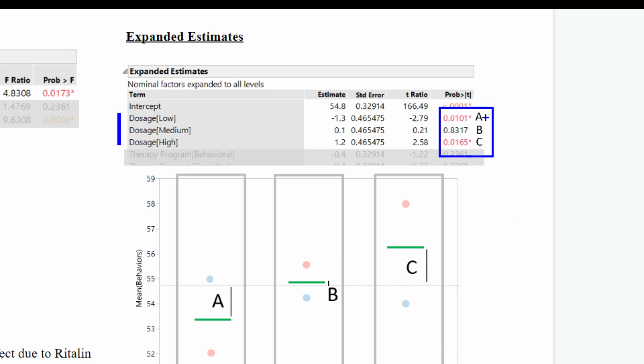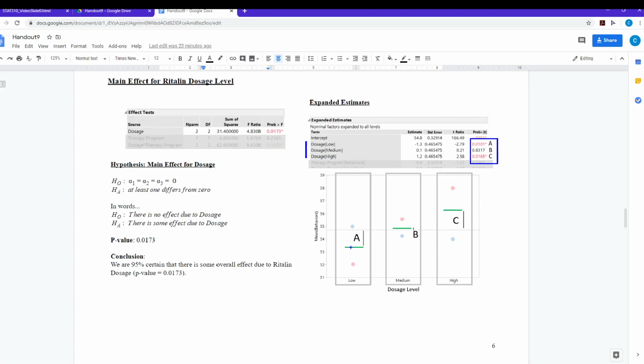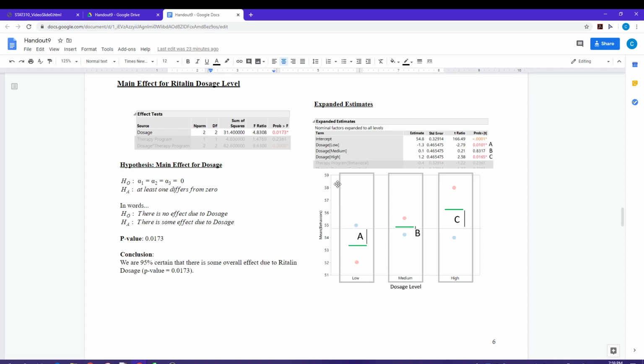Now what A is going to be testing is whether or not the average for dosage level low, so looking at low here, that's what A is for, is that average effect different than the overall effect?